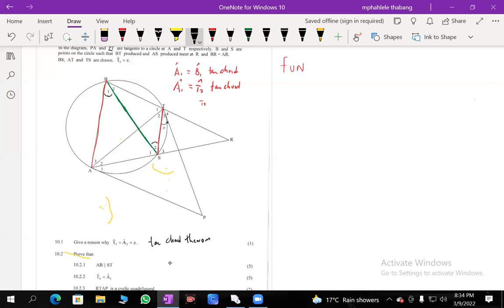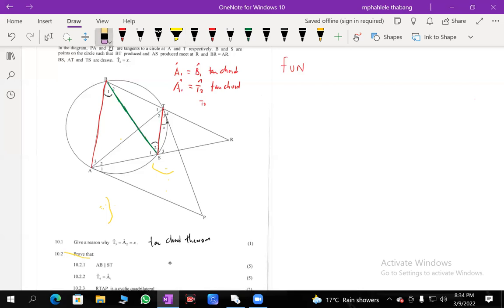And alternate angles are equal, which means AB and ST are parallel, with the idea that B1 and S2 are alternate angles.